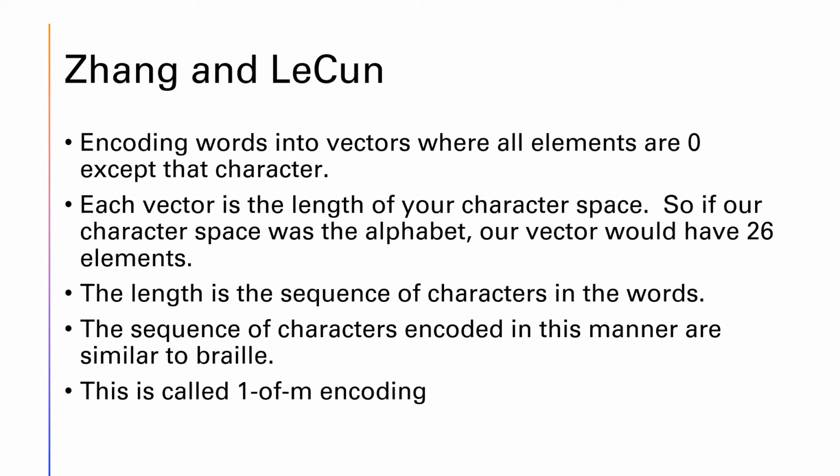The sequence of characters encoded in this manner is similar to Braille. This is called one-of-M encoding. Now this will be the first method that we will use in our ANOVA table to see if the modified method is statistically significant from this method.